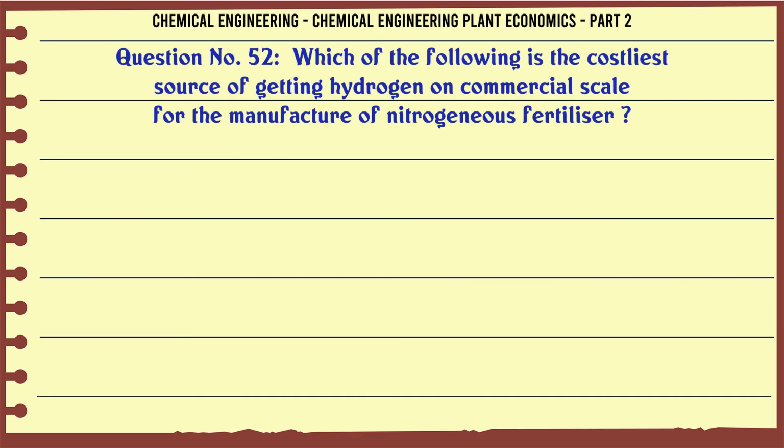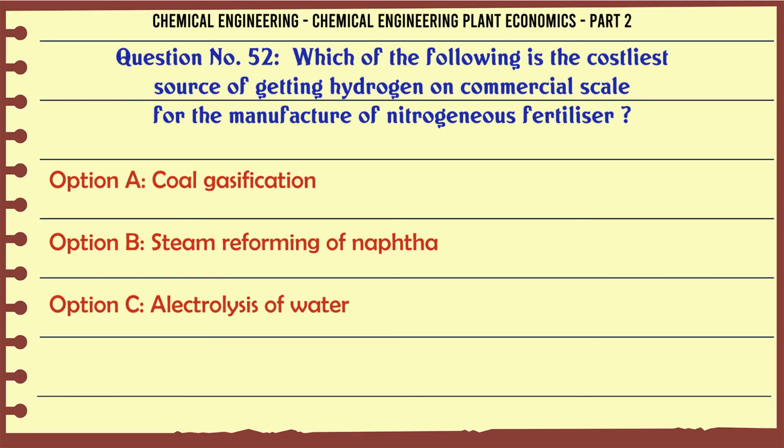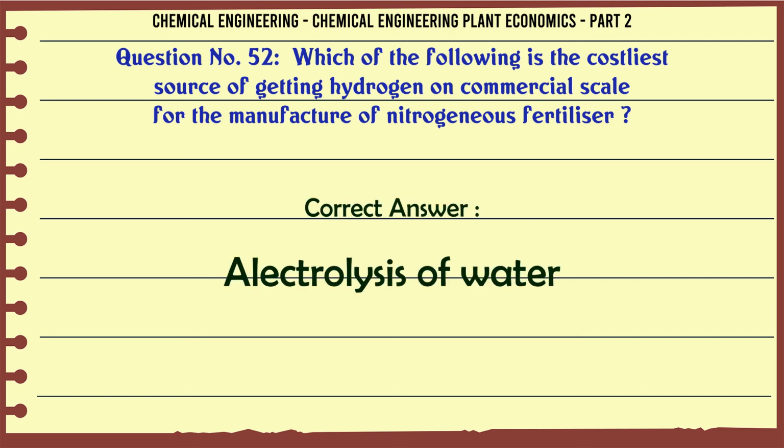Which of the following is the costliest source of getting hydrogen on commercial scale for the manufacture of nitrogeneous fertilizer? A. Coal gasification. B. Steam reforming of naphtha. C. Electrolysis of water. D. Coke oven gas. The correct answer is electrolysis of water.